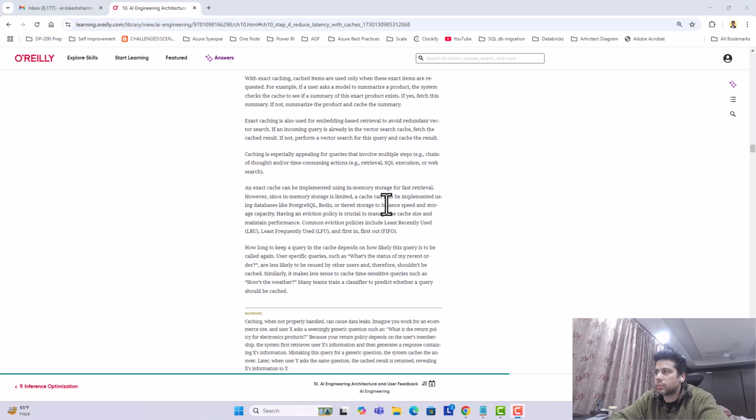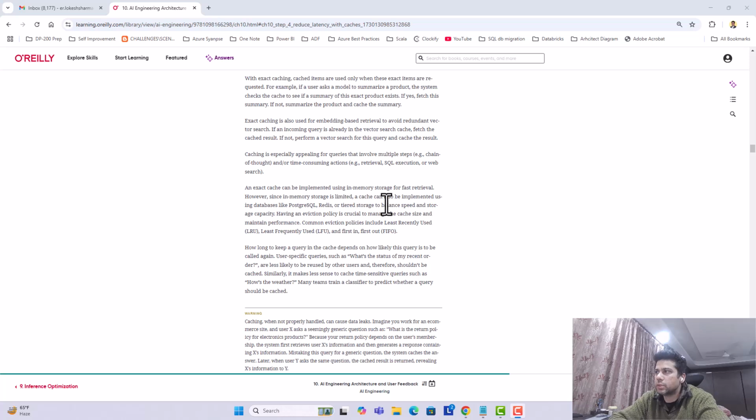Having an eviction policy is crucial to manage the cache size and maintain performance. Common eviction policies include least recently used, least frequently used, and first in, first out. So they're talking about various sorts of cache storages that could be used.